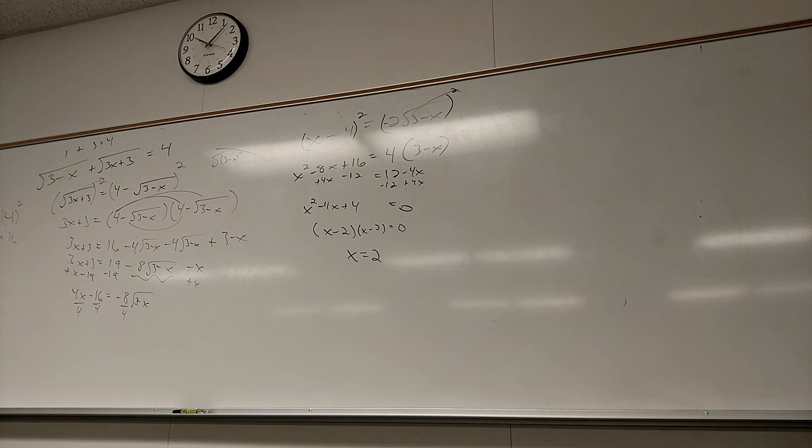So let's see, 1 plus 3 plus 3 plus 9, is that 16? Yes. 10 plus 6 is 16. That checks. Now watch, if I start with the same equation and just square each piece, is 1 plus 9 equal to 16?